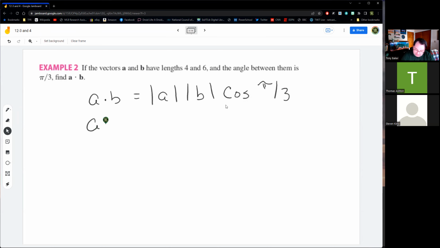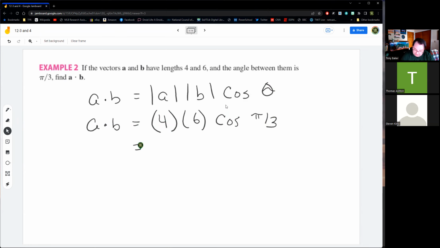So my dot product, the length of A is 4. The length of B is 6. Actually, that should have been cosine of theta, but I'll fix it in a second. And then I have cosine of pi over 3. So 4 times 6, and that's 1/2.